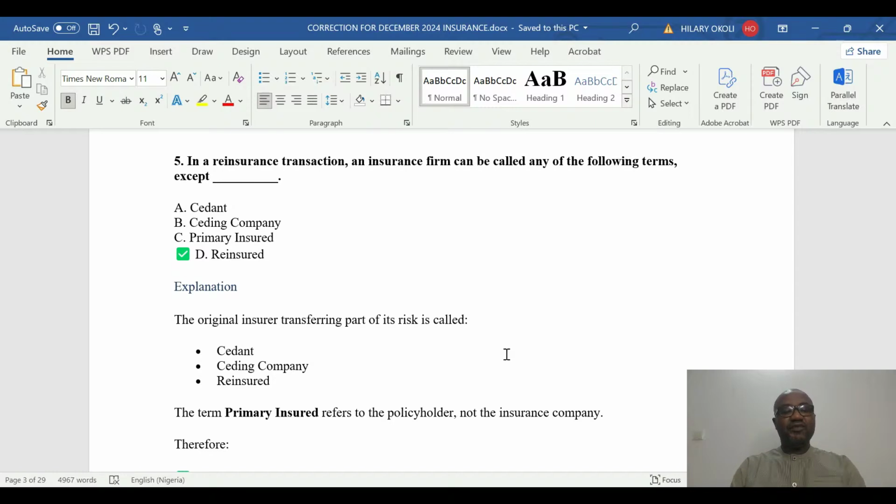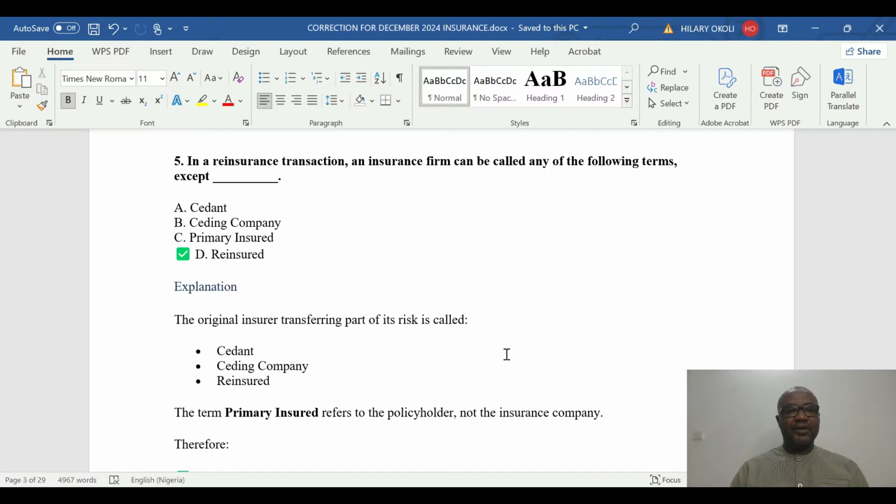So let us reframe our thought process and be able to know it is a negation before we shade. So back to the question, it says in a reinsurance transaction, an insurance firm can be called any of the following, except: an insurance firm cannot be called reinsurance or reinsured. So that is the except.